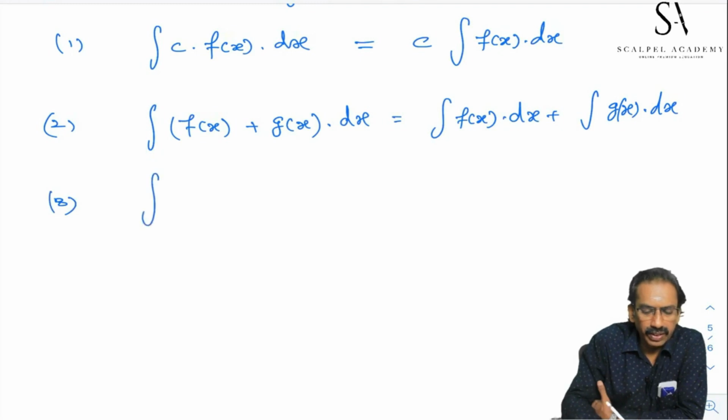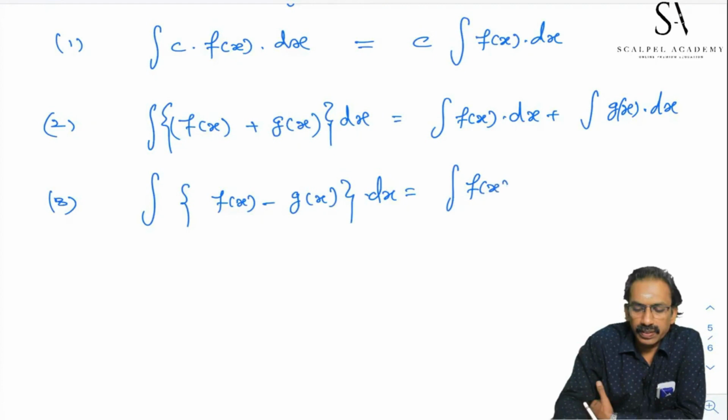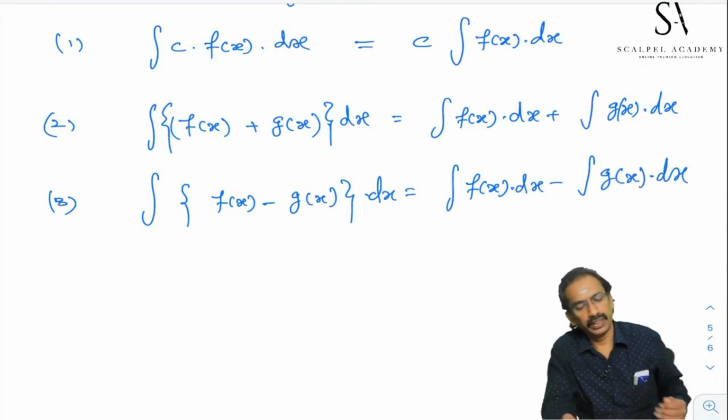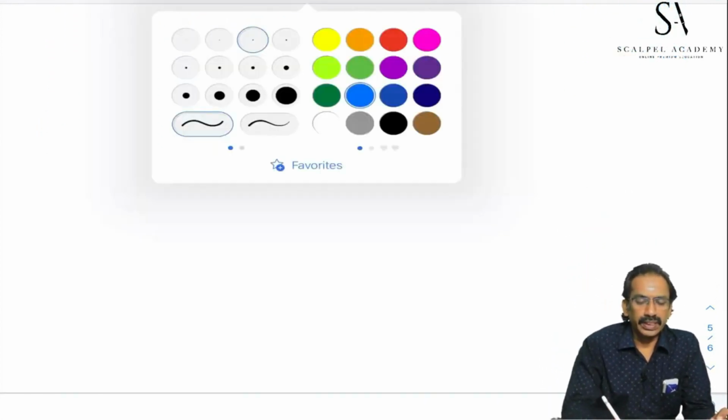Student, if you got f of x minus g of x, then integral f of x dx minus integral g of x dx. Okay, now let us learn some problems based upon this integration.